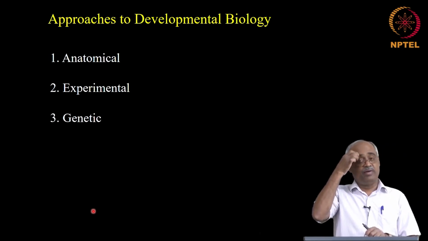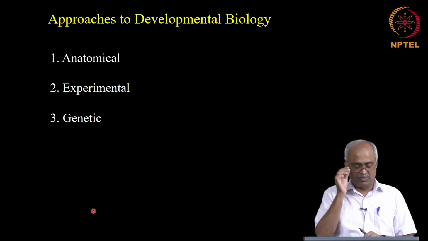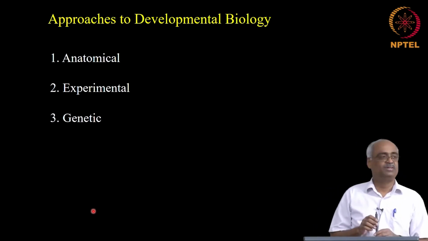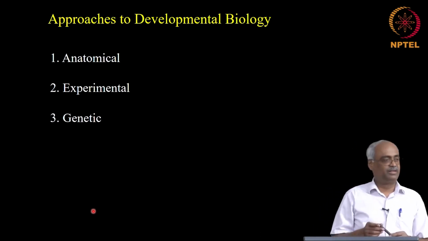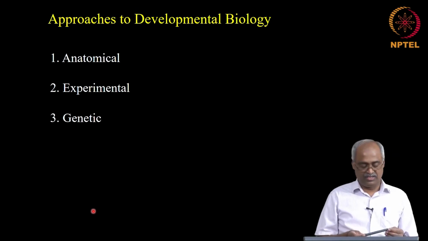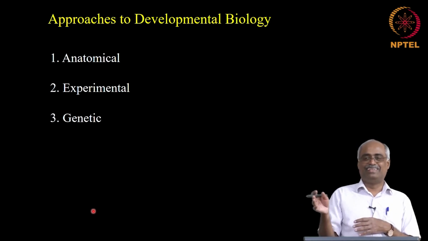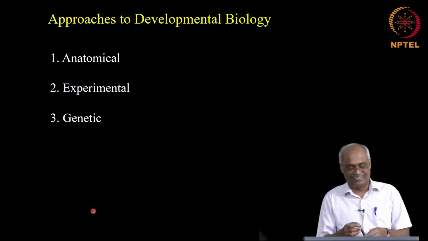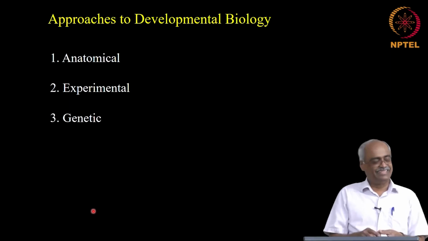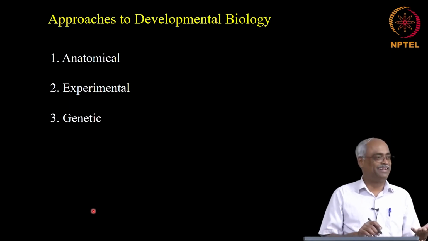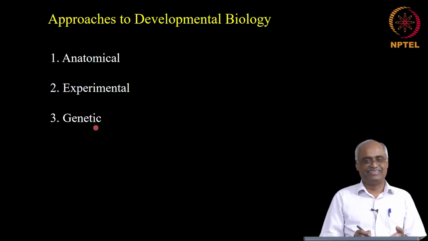Now we come back to learning developmental biology. Remember the three approaches that we talked about: anatomical, experimental and genetic. She asked a question after leaving the class, and that is an important question for the class itself. Aren't the genetic experiments an experimental approach, and why should it be a third one?